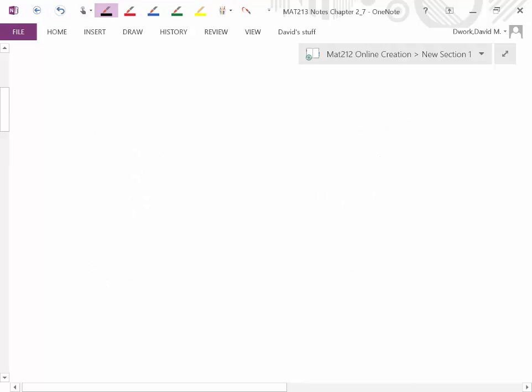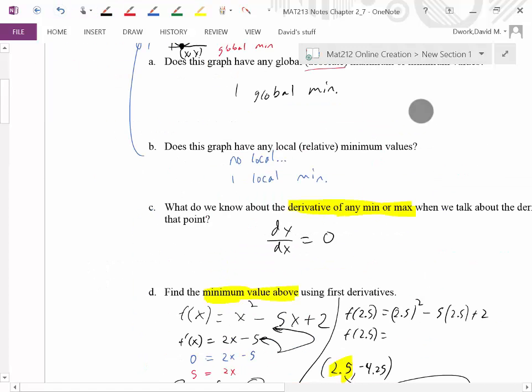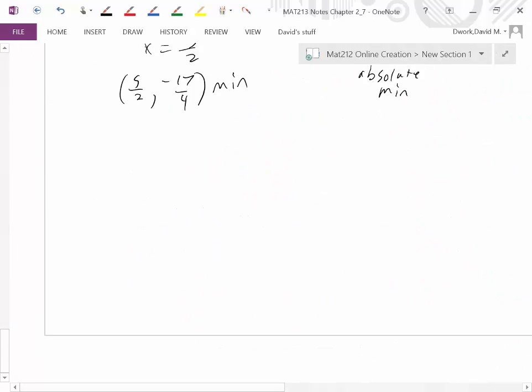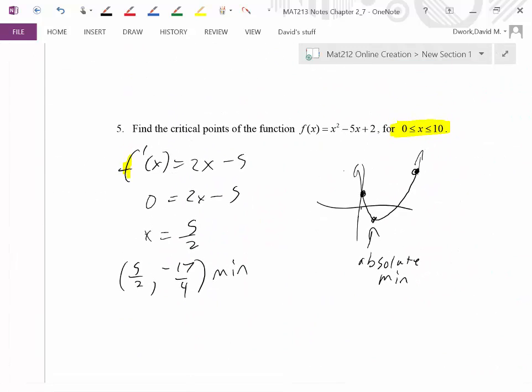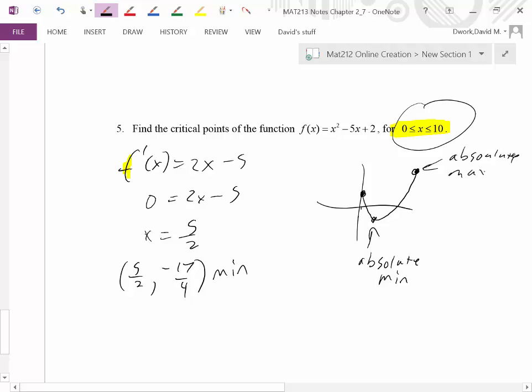Now that we have these stopping points, what we actually will have is an absolute max, because over this interval, do you see there is a place where we go no higher? There's a place where you never go any higher because we're restricted from 0 to 10. So we're going to have an absolute max at 10, at least by the way I drew the picture.